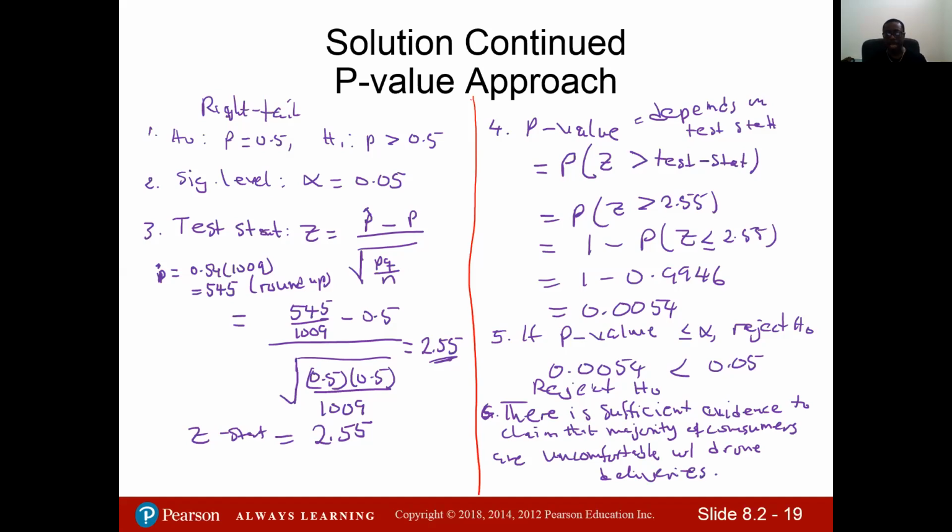Okay, that there is sufficient evidence to proclaim that the majority of consumers are uncomfortable with drones.